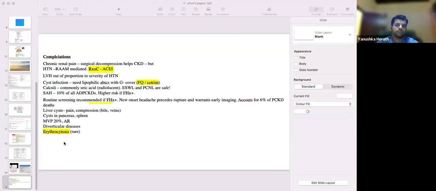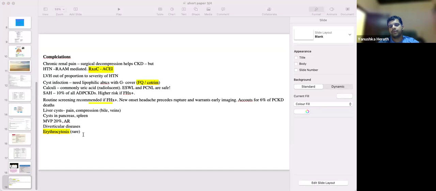So painless hematuria we take as true, right? Painless hematuria is a very, very tricky one. I have seen patients with painless hematuria, but by theory, hematuria occurs either due to a calculus or due to cyst rupture. In both instances, they cause pain. So what they're asking here is recognized features.